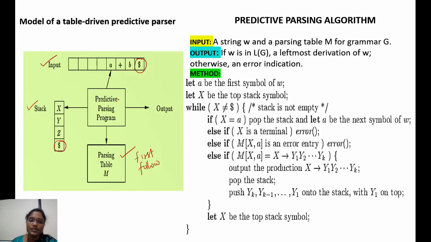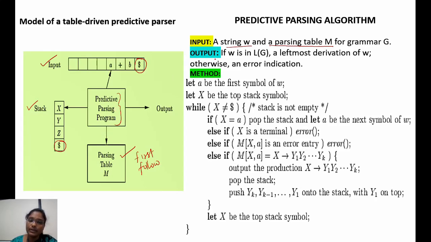For this predictive parsing algorithm, the input is a string W and a parsing table, which we call M. The input string is stored in the input buffer, and we also have the parsing table M. These two are the inputs for the predictive parsing algorithm.